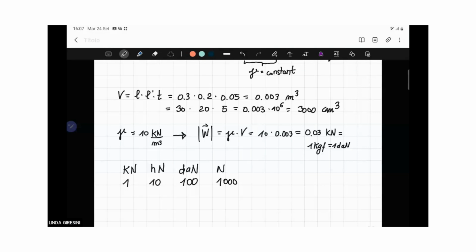Okay? So 0.03 kilonewtons. How many decanewtons are? 3. Okay. Is it possible that a book weighs 3 kilograms force? Yes. If it's heavy, yes.